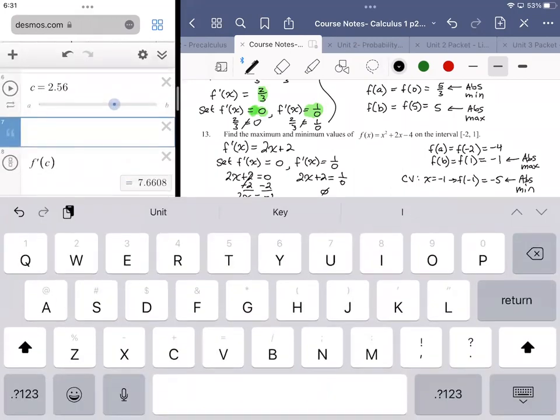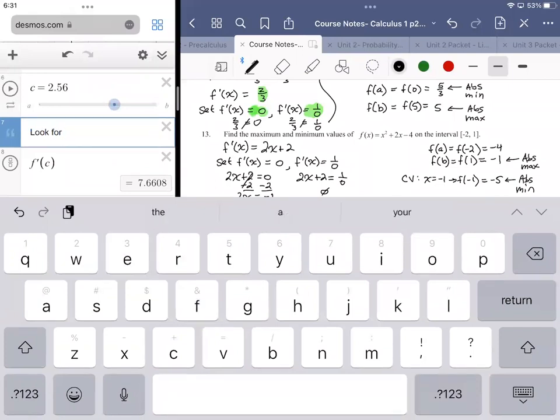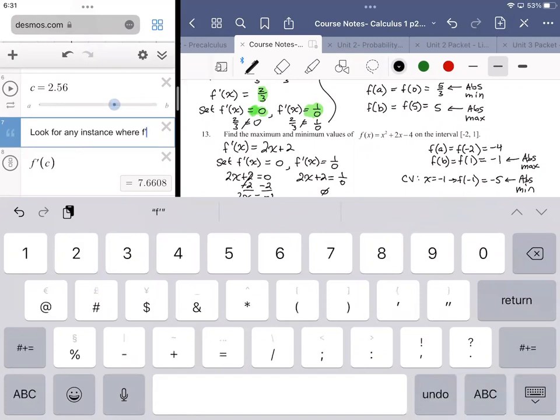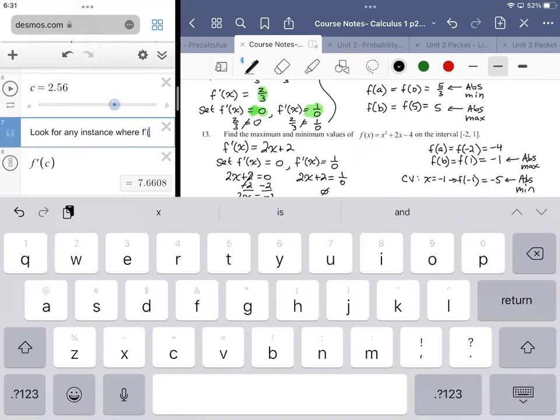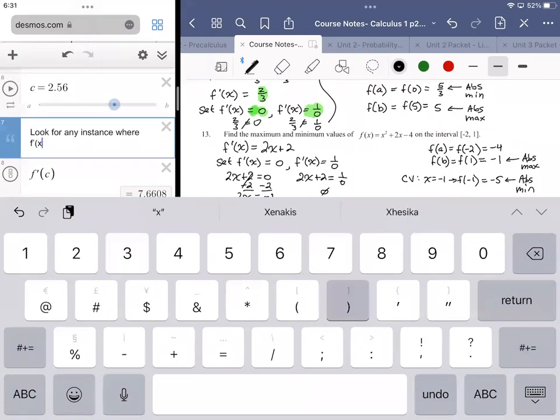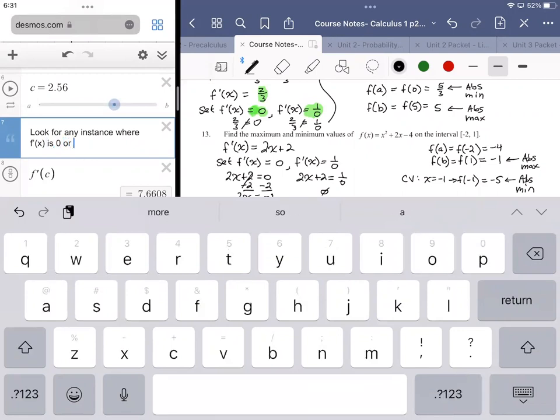Look for any instance where f prime of x is 0 or undefined.